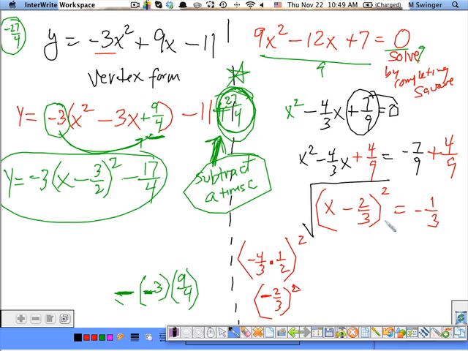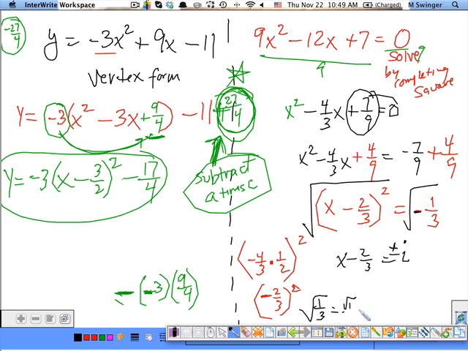I made it a square so that I could square root. Square root this side, square root this side. X minus 2 thirds equals square root of a negative number. I got an i. So plus or minus, don't forget the plus and minus. I times root 1 third. Now people will leave root 1 third right here, but you have to realize you can't leave root 1 third.